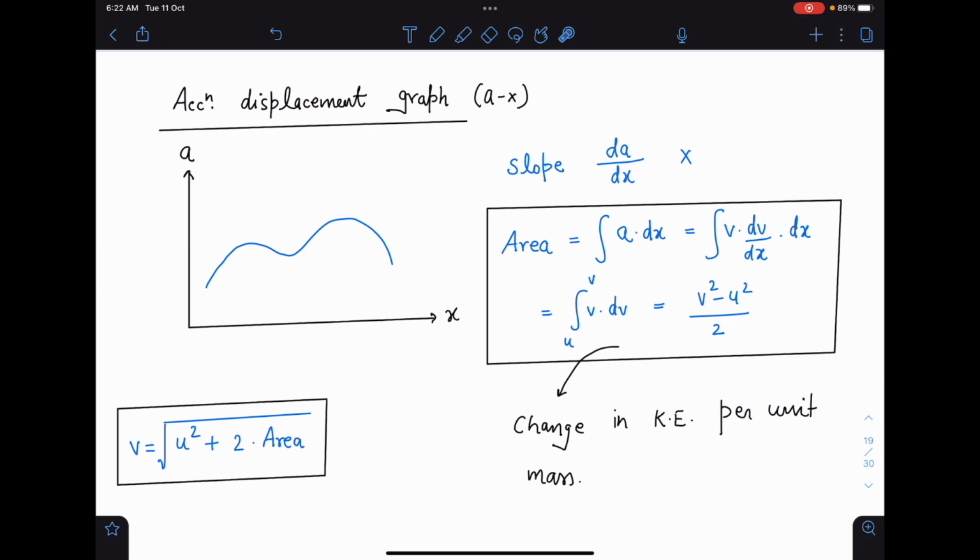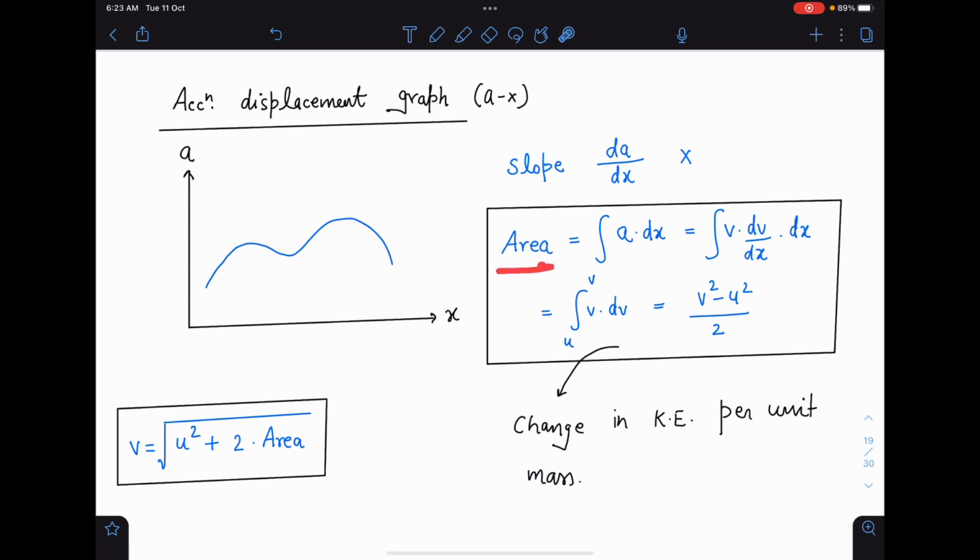Next part is the acceleration displacement graph. Here also we can check its slope, but it's not so important because slope is dA by dx and not an important quantity here. In this case it is increasing, then decreasing, increasing, decreasing, some graph is given.